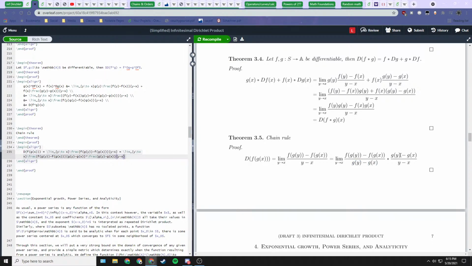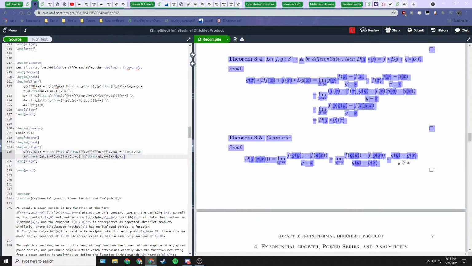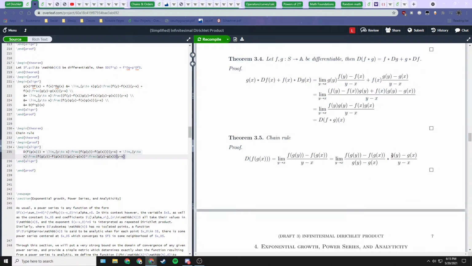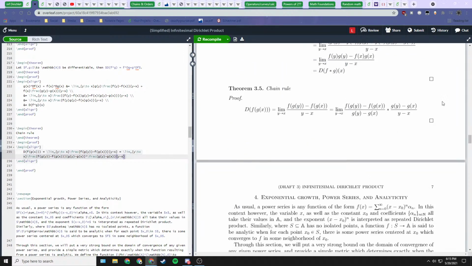But we don't actually know if this is valid or not. The problem is that we don't know if g of y minus g of x is 0 or not.